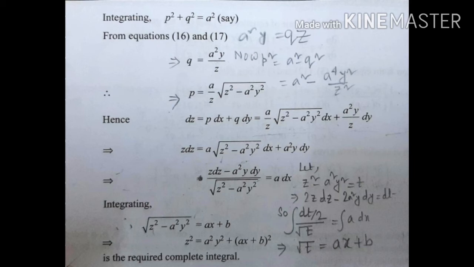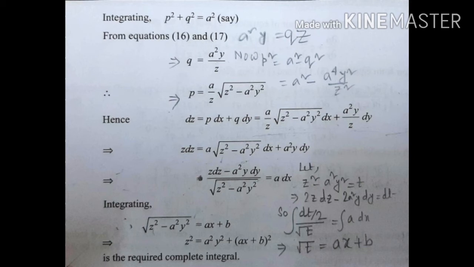Now integrating this, for this integration we take z square minus a square y square is equal to t. So this implies 2z dz minus 2a square y dy is equal to dt.